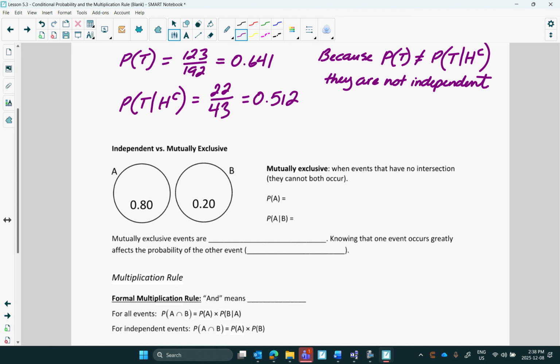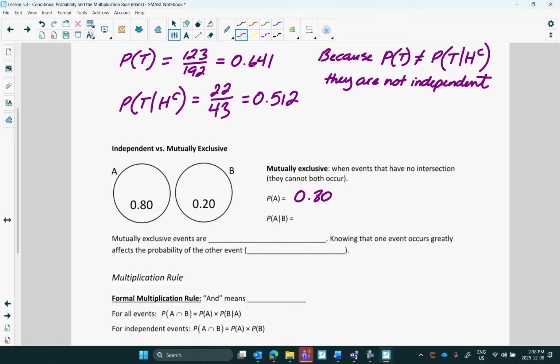Okay? Here we have two mutually exclusive events in the Venn diagram. They're mutually exclusive because they don't overlap. What's the probability of A happening? 0.8, right? 0.80.